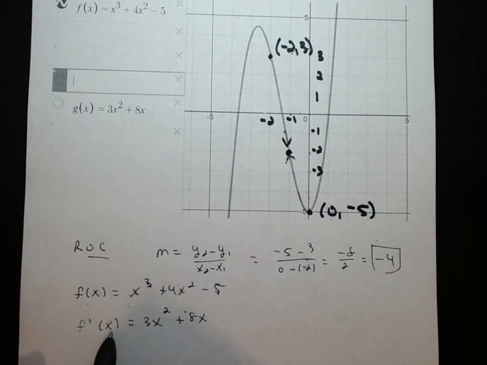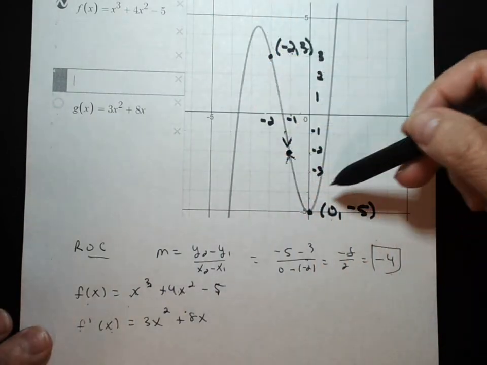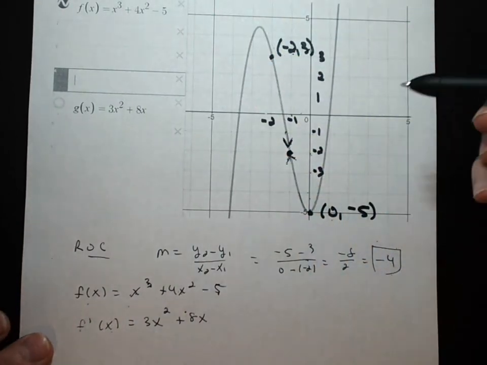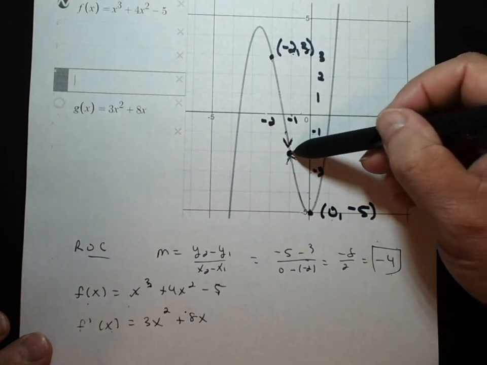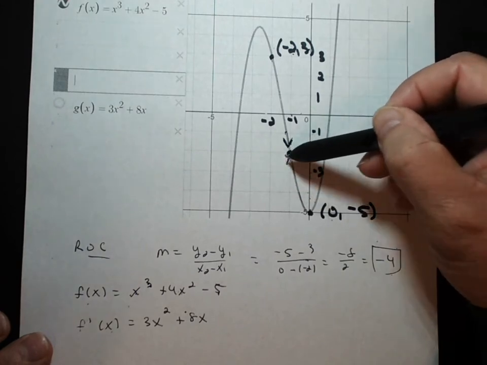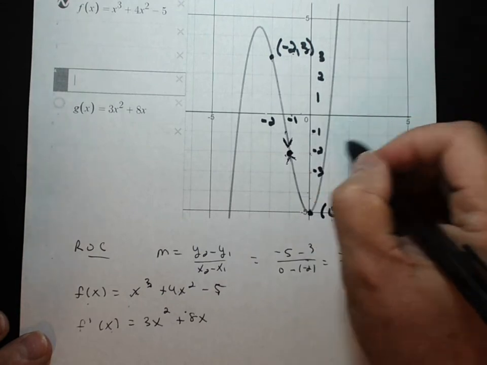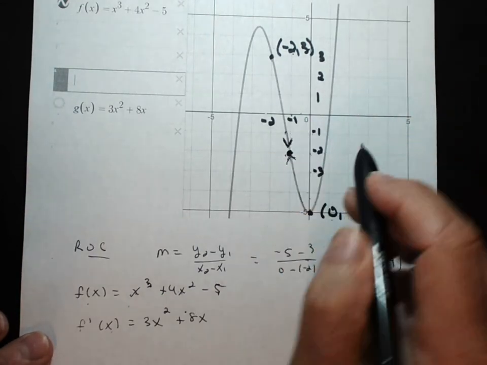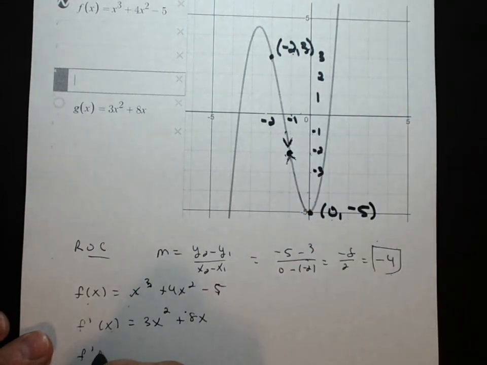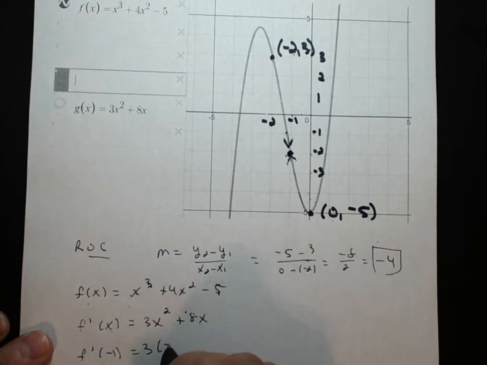And so this is the rate of change of this function. If we want to know what the rate of change is at this point, we need to plug this x value in and evaluate it. So the x value of this point is -1. So f prime of -1 is equal to 3 times -1 squared plus 8 times -1.